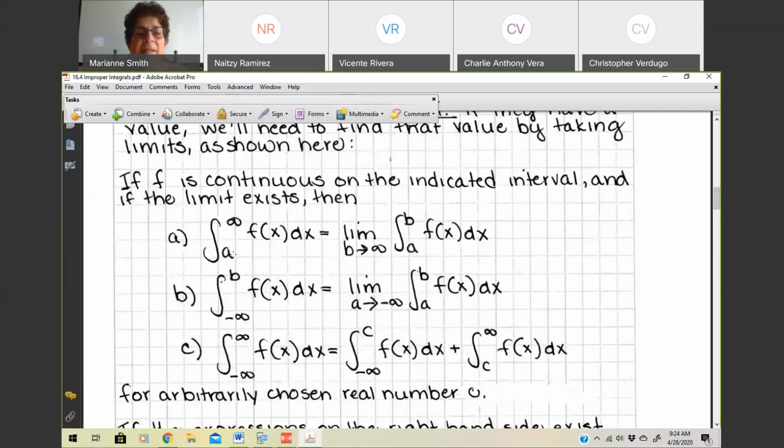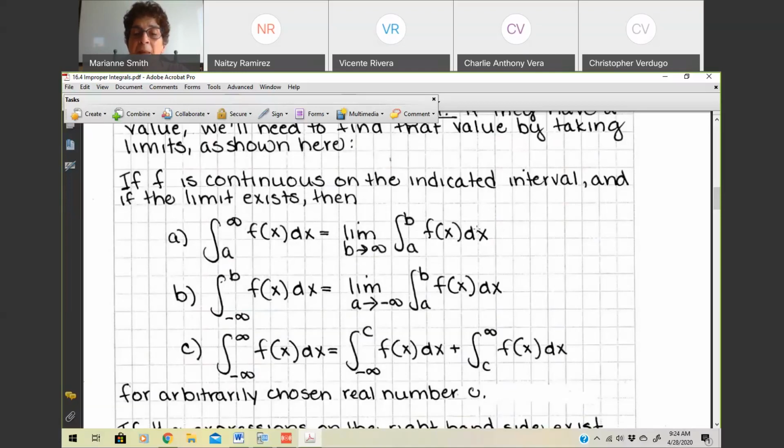It really isn't complicated. Basically, I'm saying your f of x is a continuous function, no skips, no holes, no jumps. Here, if you want to have an upper bound that's infinite, all you're going to do is rewrite your integral so you're taking the limit as b approaches infinity, and now b is your upper bound.